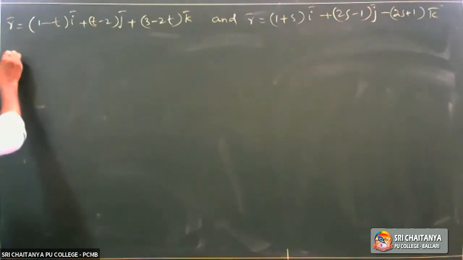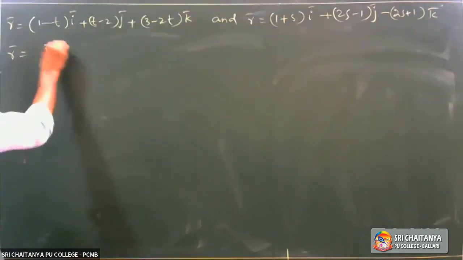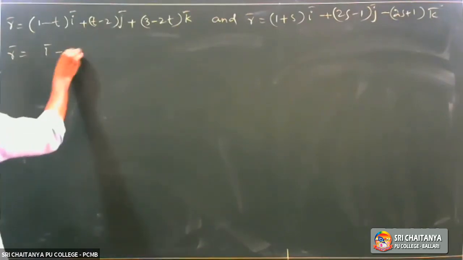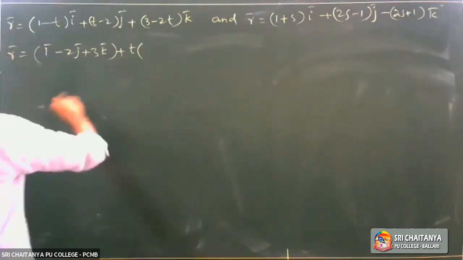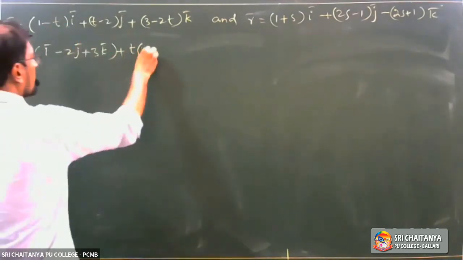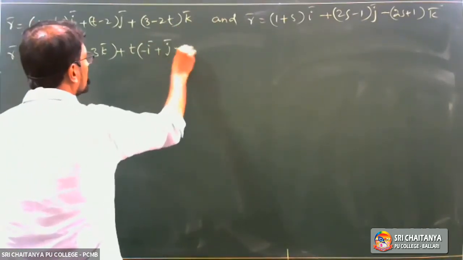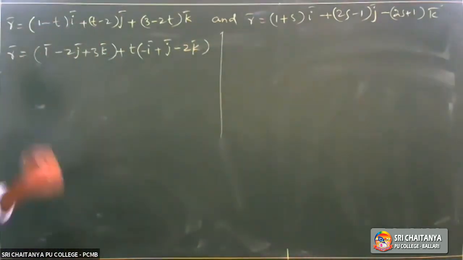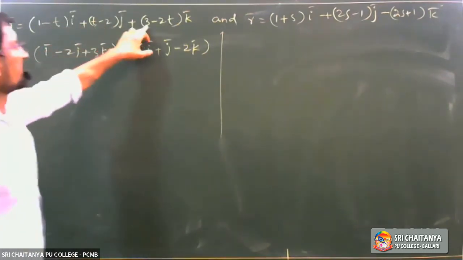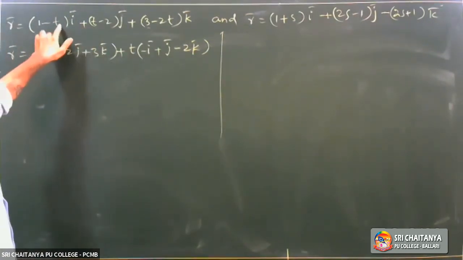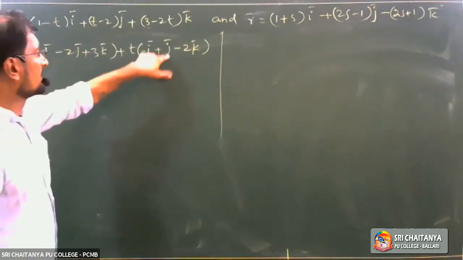You can write this one as r bar is equal to i minus 2j plus 3k plus t into (minus i plus j minus 2k).